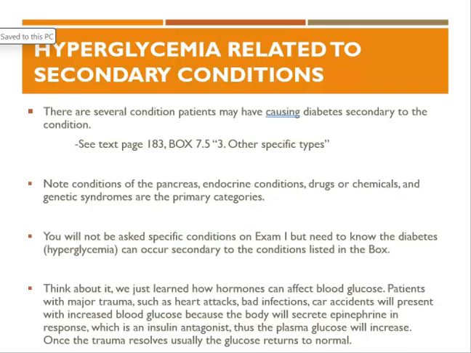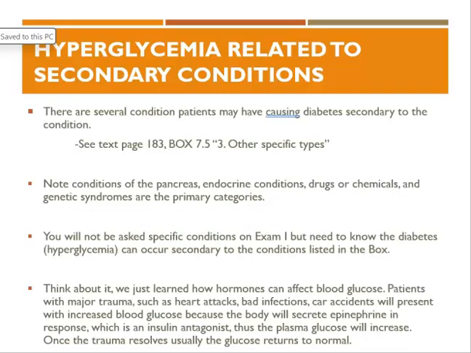These are where hyperglycemia is related to secondary conditions. There are several conditions that patients may have that cause diabetes secondary to the condition. So diabetes as a secondary condition.